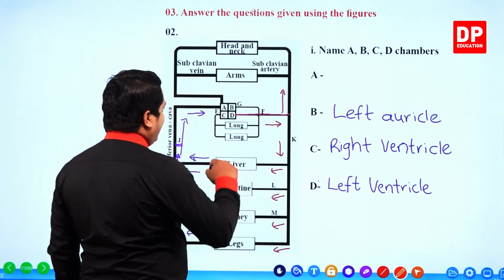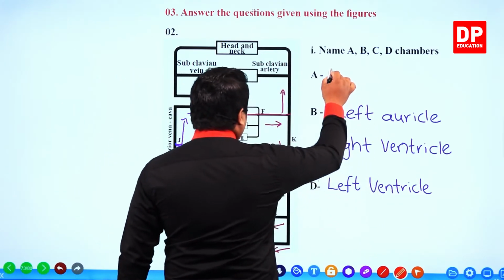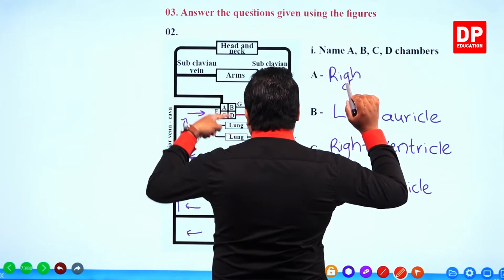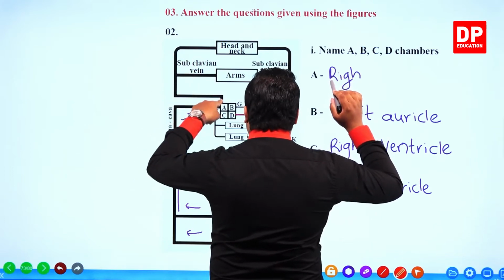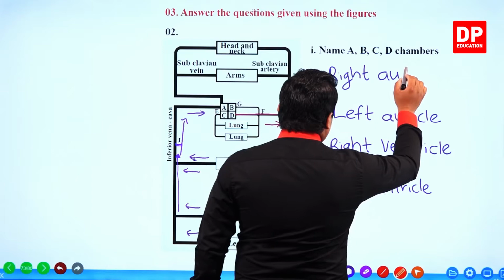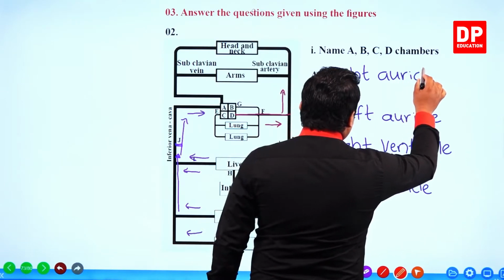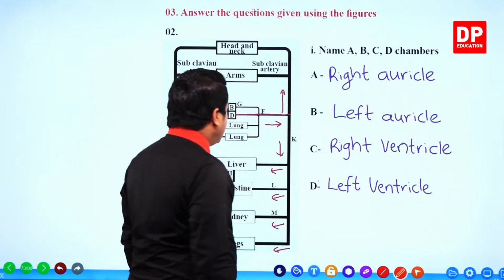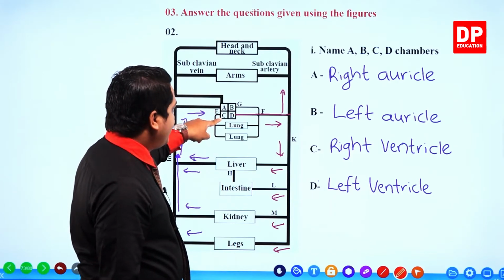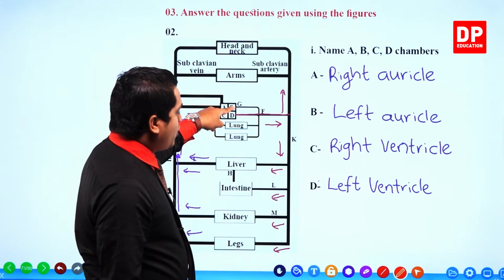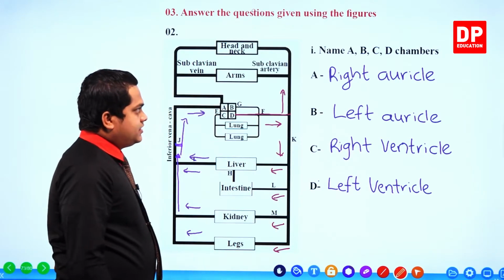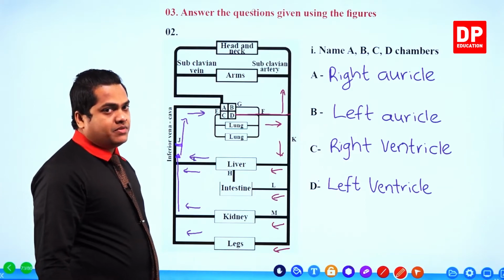Then finally, A is right auricle, which connects with the inferior vena cava and superior vena cava coming in here. So A is right auricle, C right ventricle, B left auricle, D left ventricle. So we have identified the chambers.